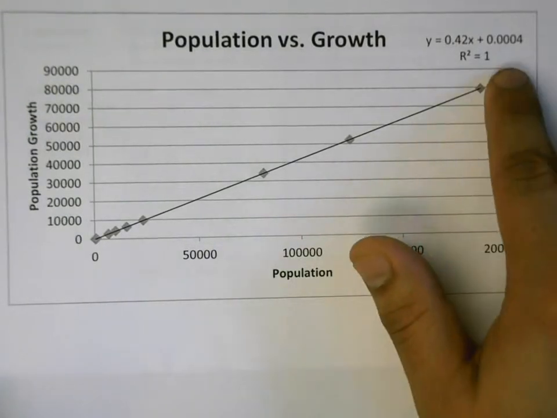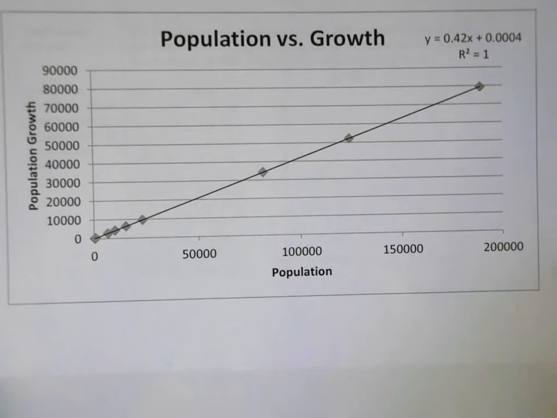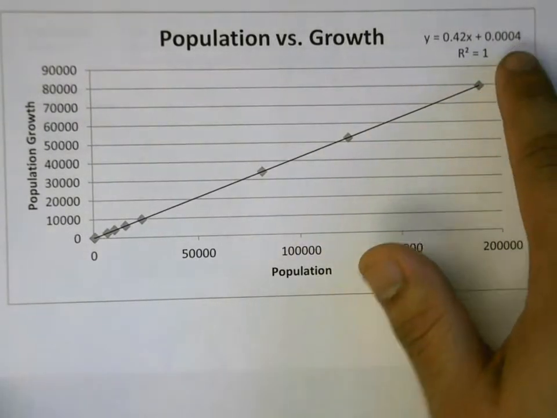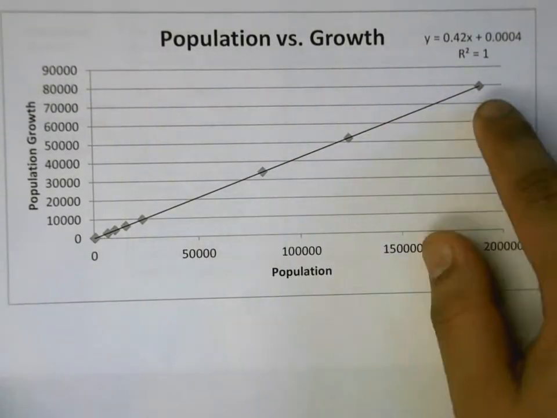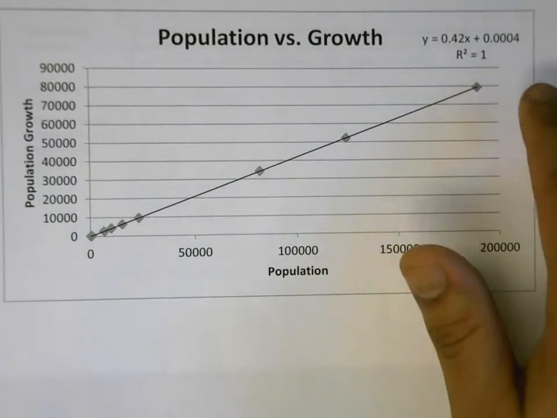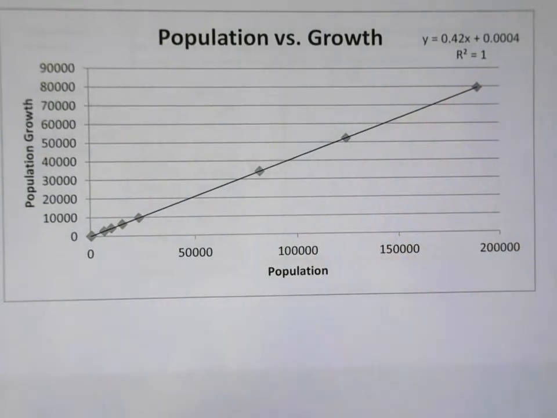I ran linear regression, and this is the equation that I got for this particular graph. And you can see that r squared is approximately 1, so that means the correlation is practically perfectly linear. So from here on out, the work is all logical and mathematical.